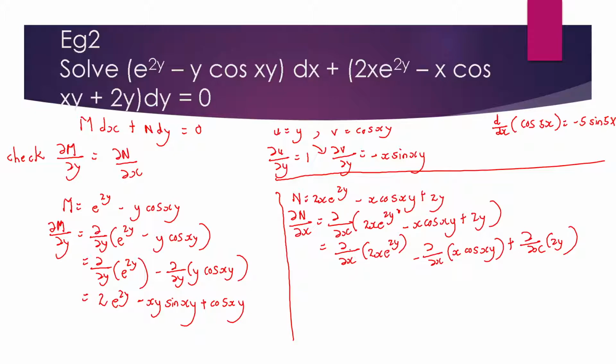So for the first term, when you del x, y is constant. So 2 exponent 2y is constant. That's why you factor out 2 exponent 2y. Then you are left with del x 2x.